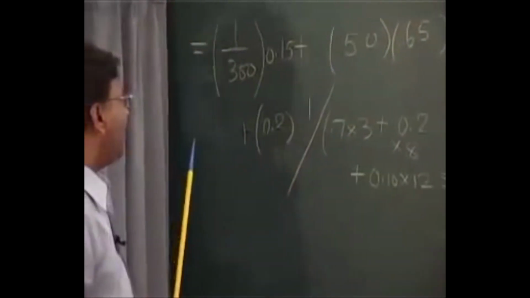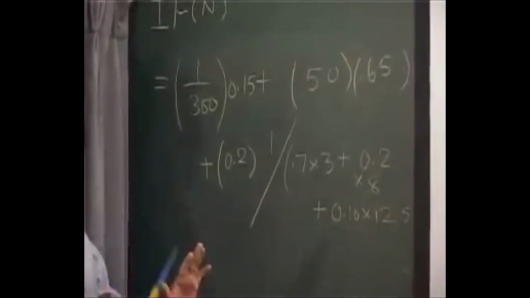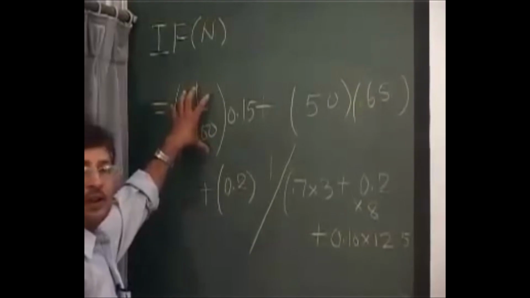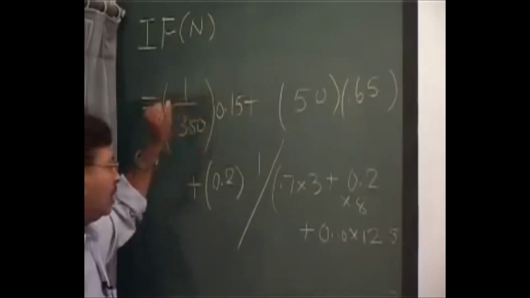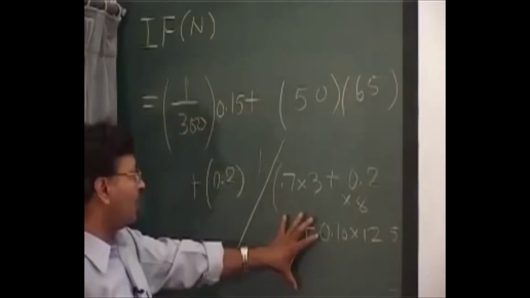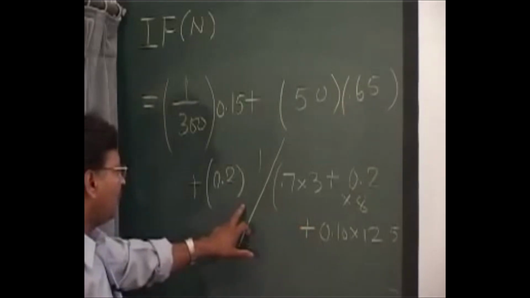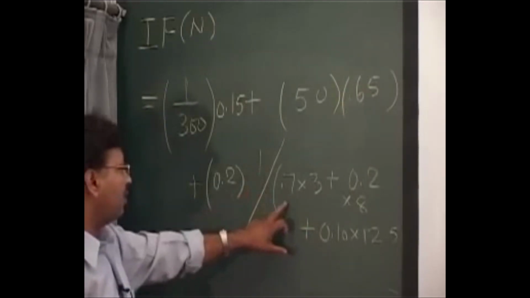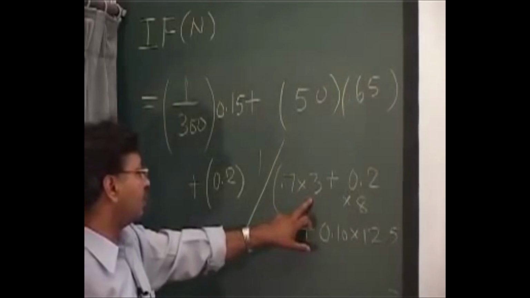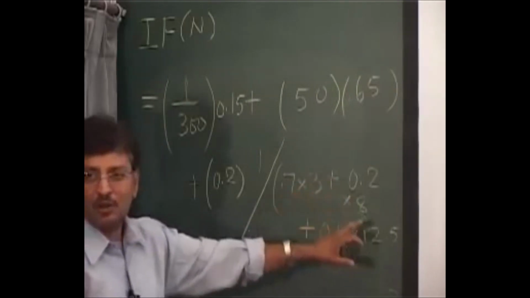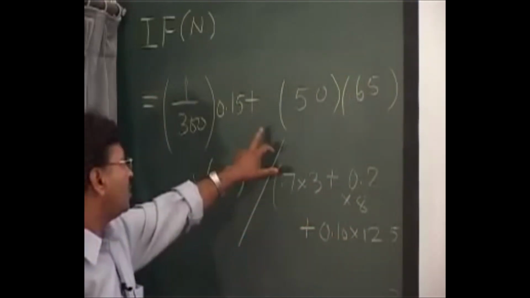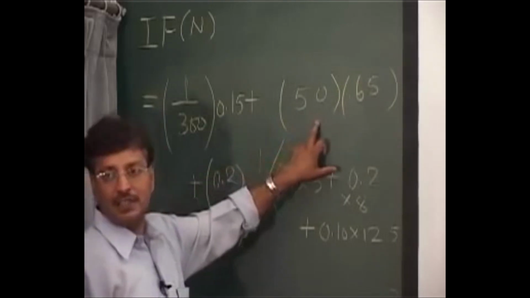Very quickly you can see, at least for this example, this is going to be a very small number. The fraction 0.7 into 3 and this and that comes out to be 4.5, so the large number will be this.